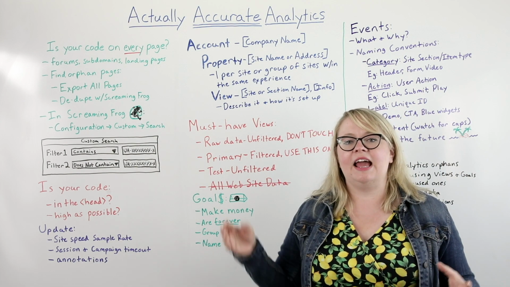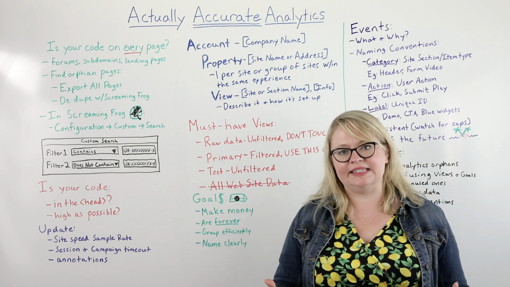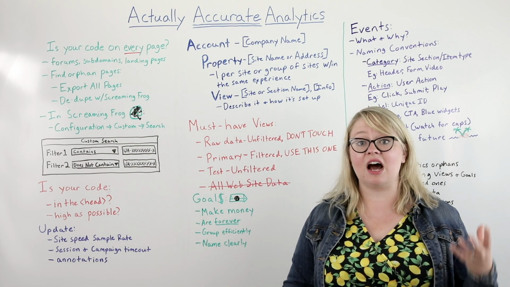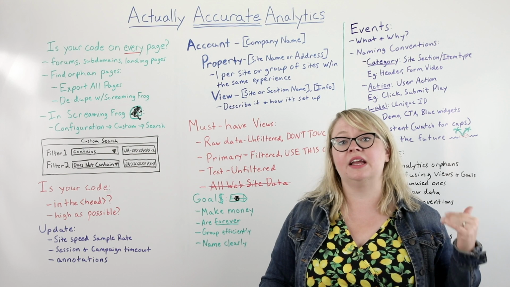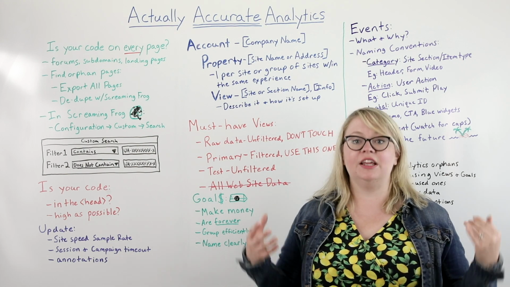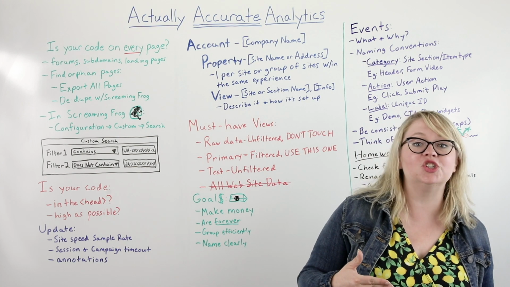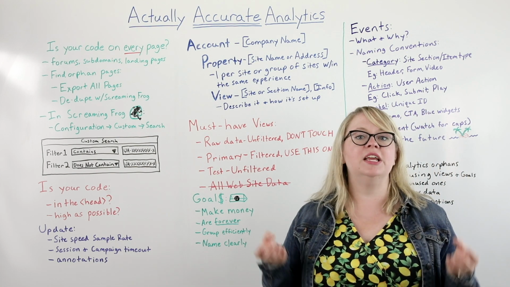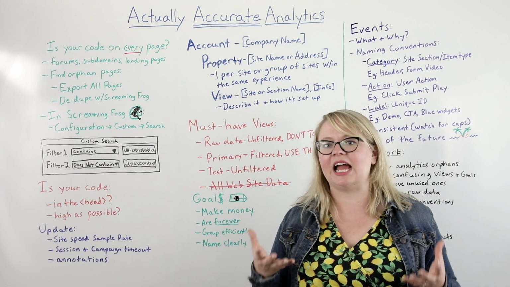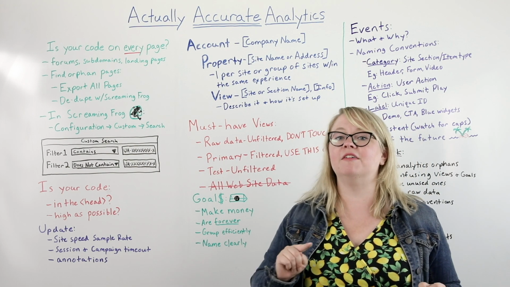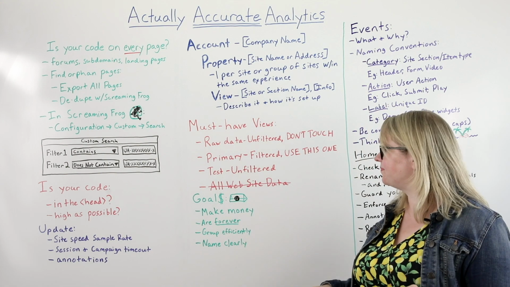It's unclear. If I get into a GA account and I see that there is a view named all website data, I know that this company has not thought about how they're setting up views and how they're communicating that internally. Likely there's going to be some filtering on stuff that shouldn't have been filtered, some historical mishmash. It's a sign that you haven't taken the time to do it right. In my opinion, a good SEO should never have a view called all website data.